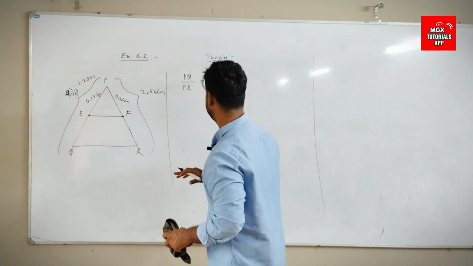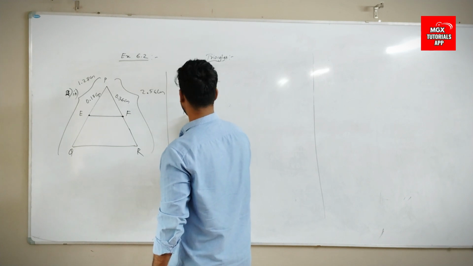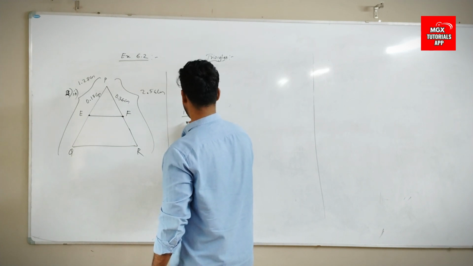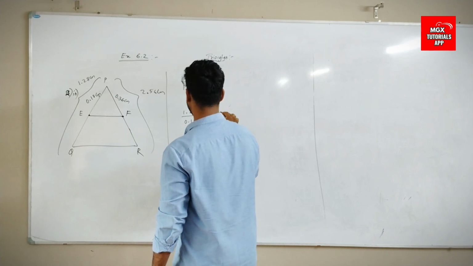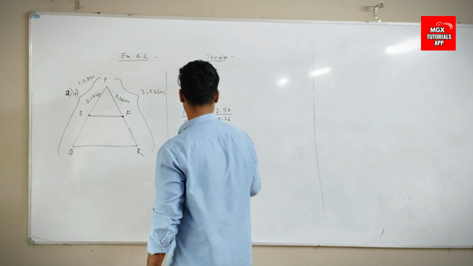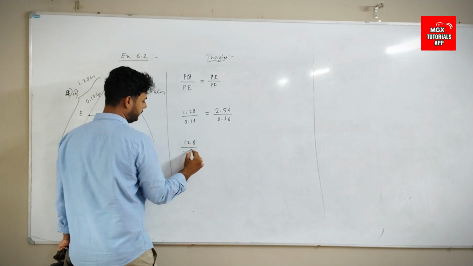Both ways you can do. PQ is how much? 1.28, and PR is 2.56. The 2 decimal points I will move here. It will become 128 and this will become 18.